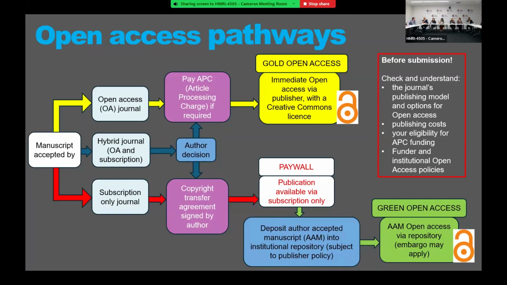If you put the author accepted manuscript final version in the university's repository, does that cover the NHMRC's requirement? It does, as long as it's got the CC BY license though. Oh, I see. So for NHMRC, one of the versions that you make open has to have the CC BY license.